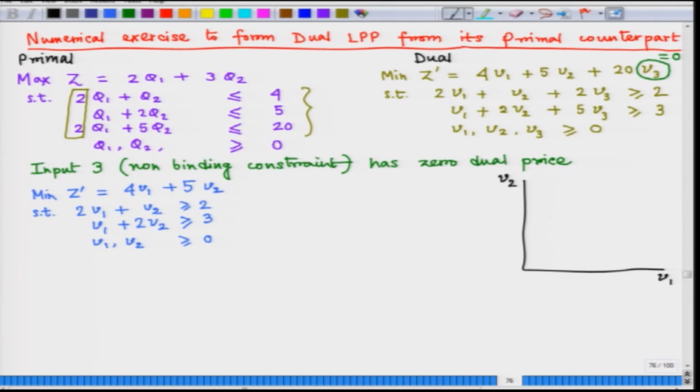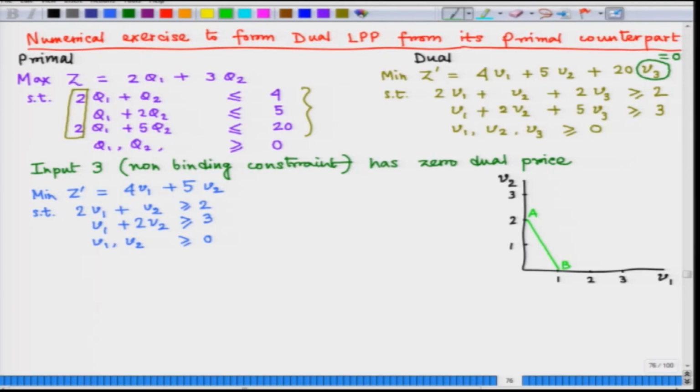Okay. So, now we need to plot the constraints, right. So, let us first plot the boundary line for constraint number 1. This will be given by this green colored straight line. Let me give it a name, A B, okay.